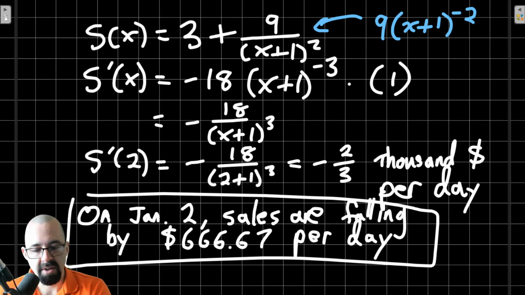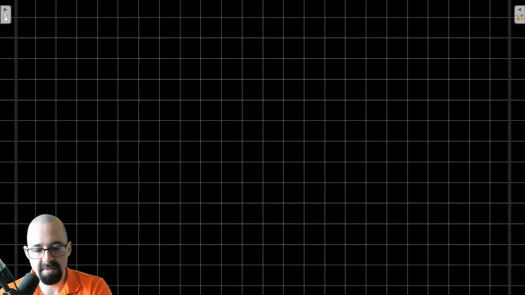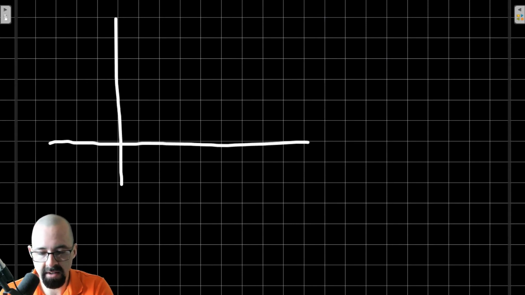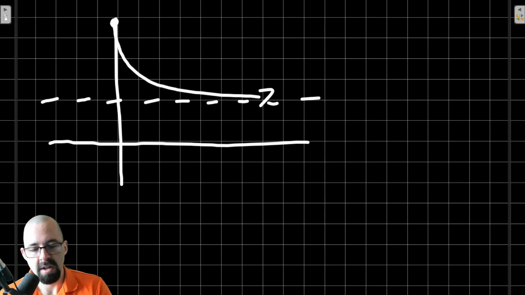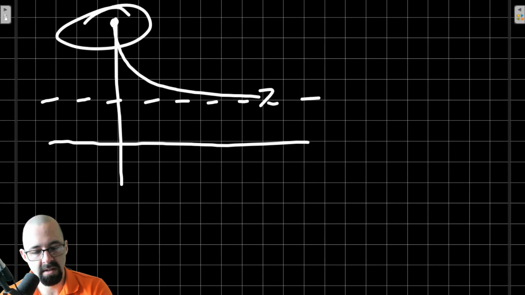Graphically, if you're curious about the graphical interpretation, we do have a graph. It's like a vertically shifted reciprocal function. So it kind of looks like this. Do we have that spike from the holiday season that's over here? And then let's say we're right here on January 2nd.